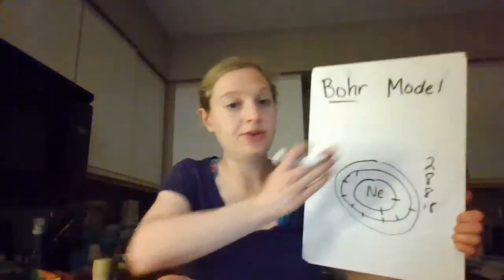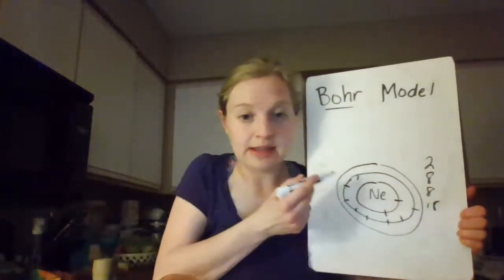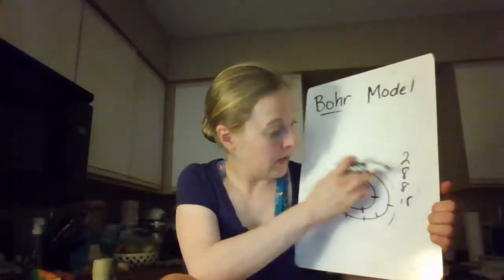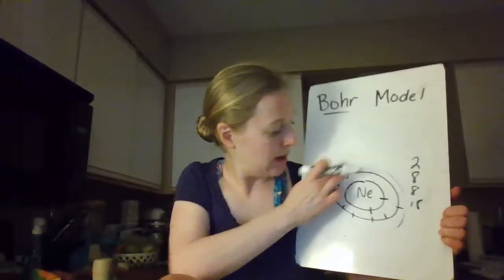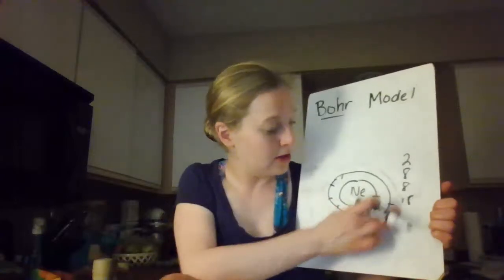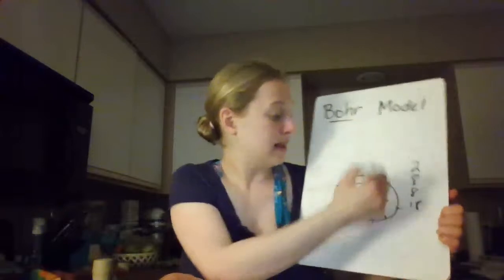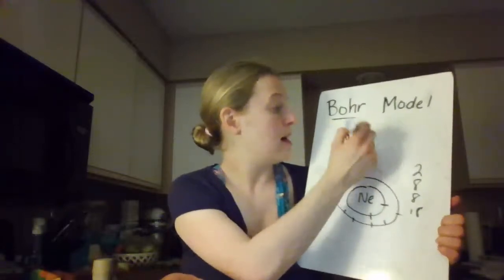Okay, now let's go back to this one, where I drew the Bohr model for neon. This was just an extra shell that I drew. See how it has 8 in the outside level? That's called 8 valence electrons. So the 8 valence electrons are drawn for neon.